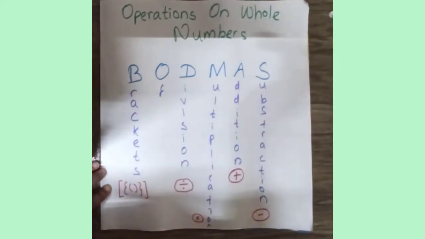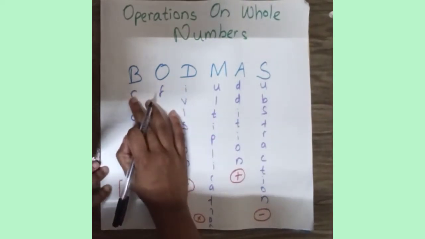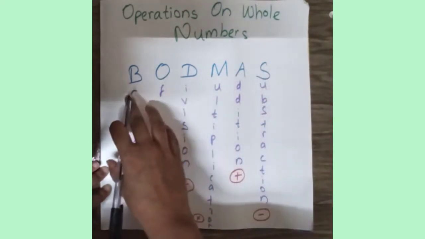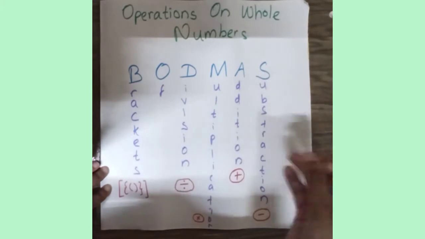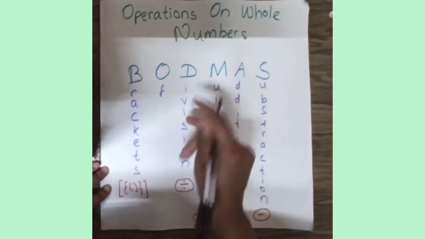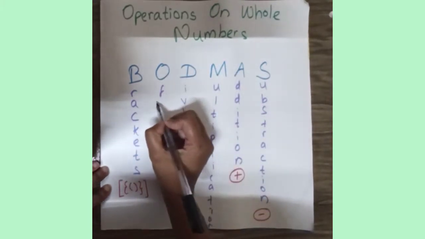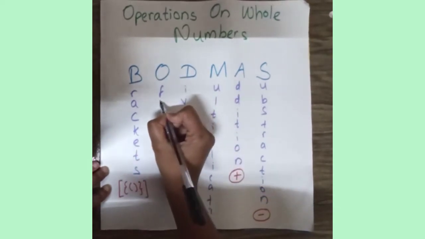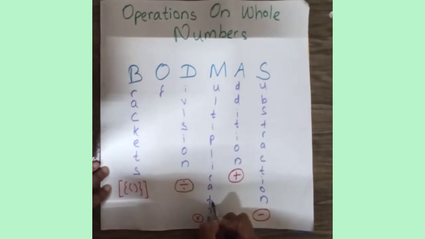That means if there are brackets in the expression, you should solve the things inside the brackets first. Then you should come to off. Well, off is a bit rare to find in an expression. This off is somewhat similar to multiplication.